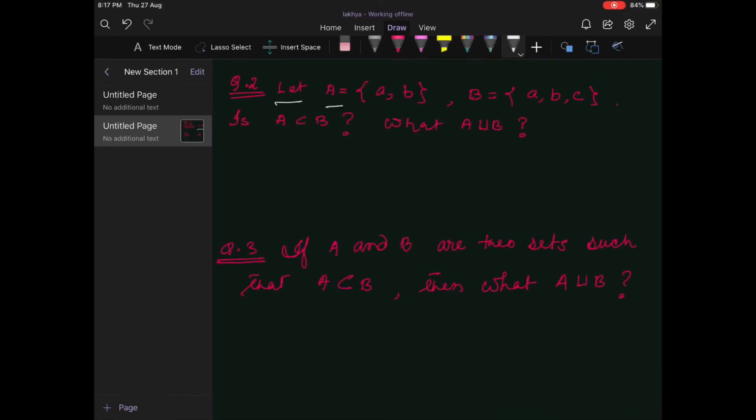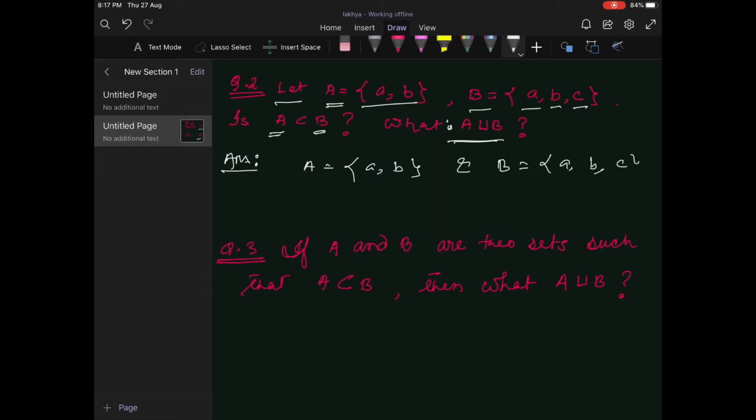So now let us solve question number 2. Let set A be a set of small letters a and b, and B contains small a, small b, small c. It is asked whether set A is a subset of B or not, and also what is A union B. So what will be the answer? Set A is a set of small a and b, and set B contains small a, b and c.